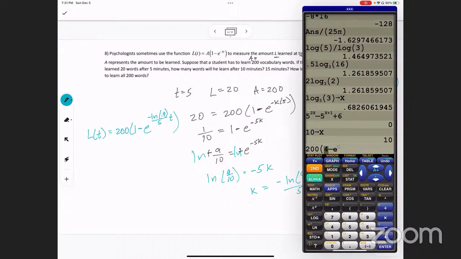How did I not get the 1 there? 1 minus e raised to the negative ln of 0.9 divided by 5, but I need to multiply that by x. So I'm going to call it negative x. So let's go insert.